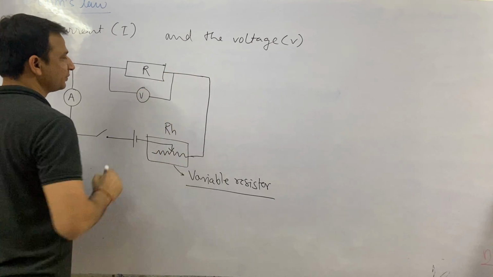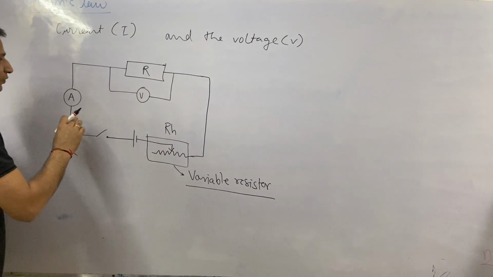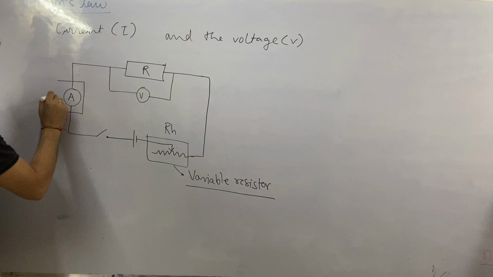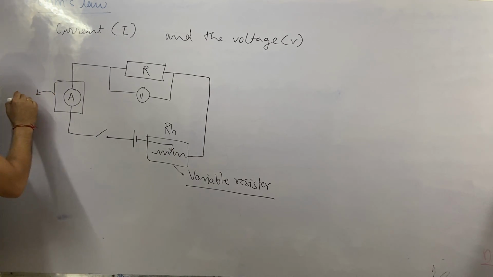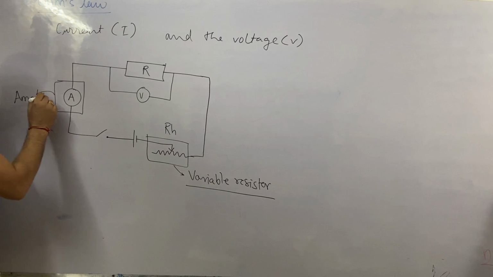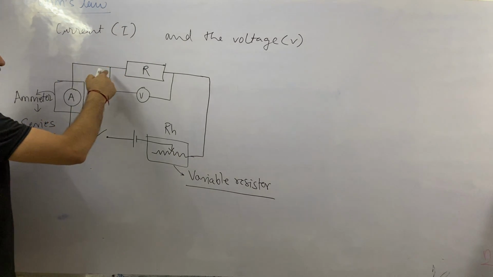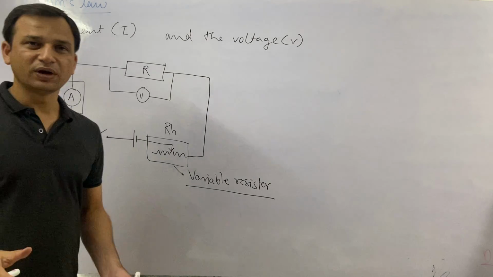This is a voltmeter, and one important thing related to the circuit before we proceed: the ammeter is always connected in series, with the resistor or any electrical component, because in parallel it will not work.